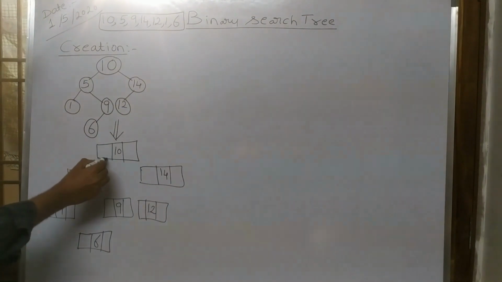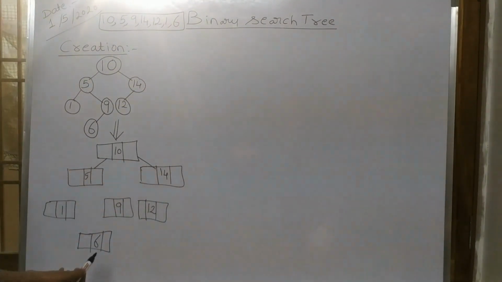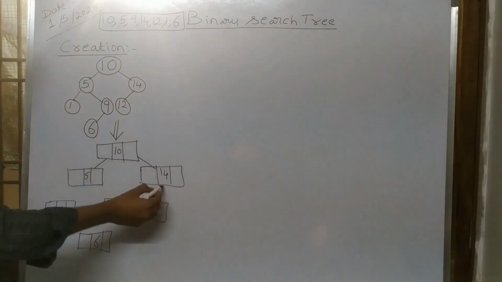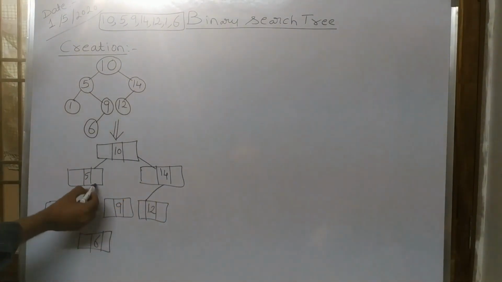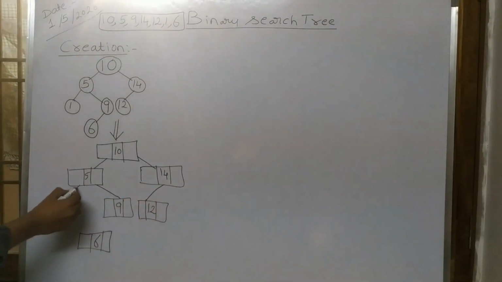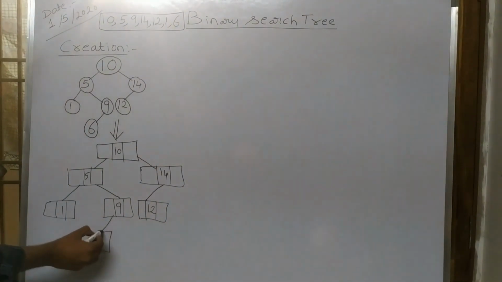How is it connected? 5 is less than 10, 14 is greater than 10, 12 is less than 14, 9 is greater than 5, 1 is less than 5 and 6 is less than 9.